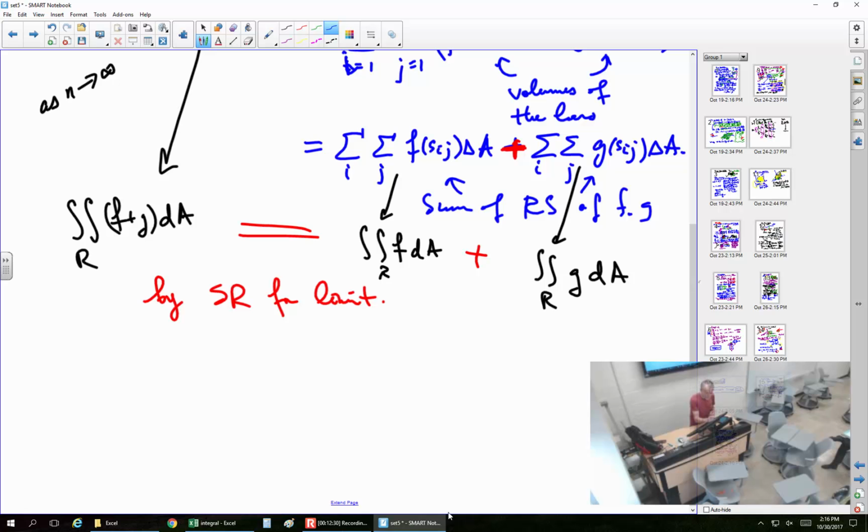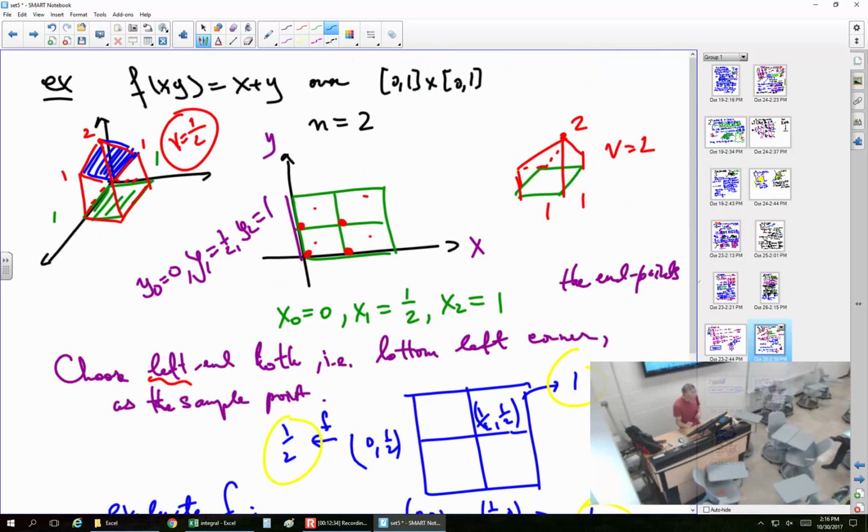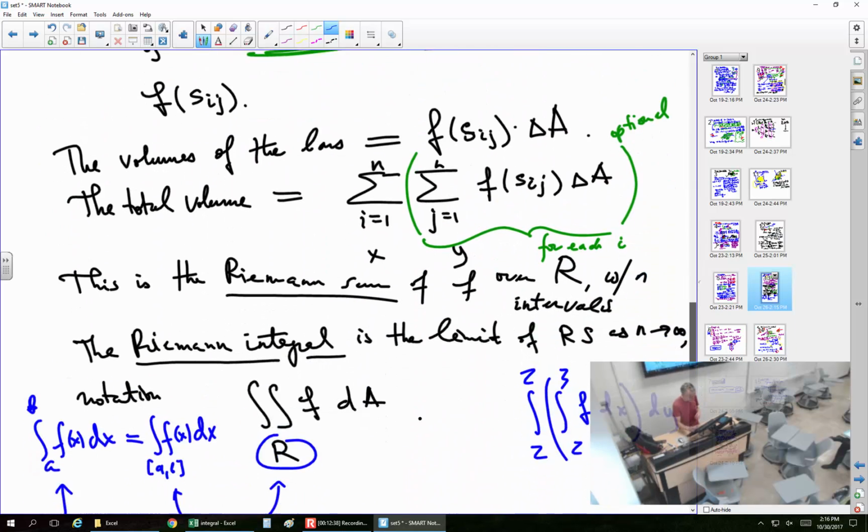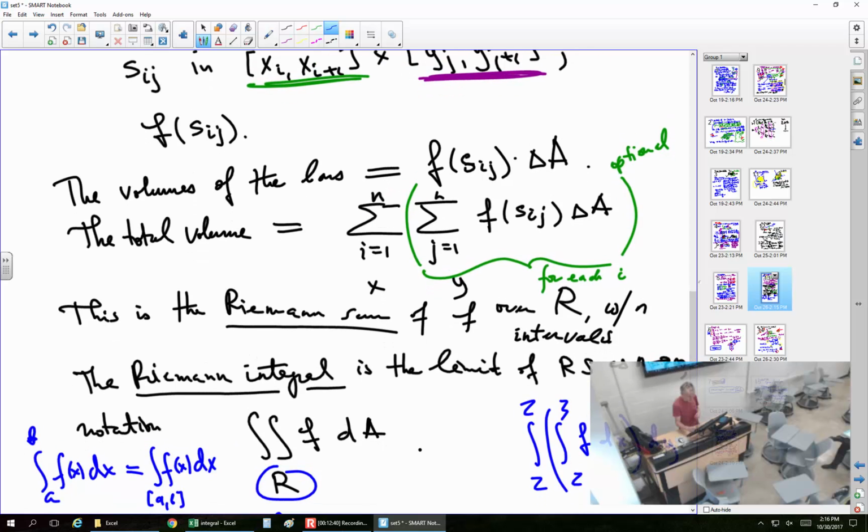Okay, so let's say the magic words here. The Riemann integral is the limit.